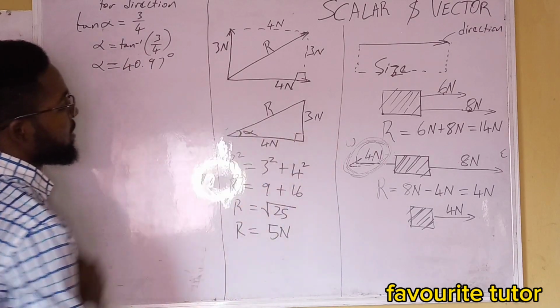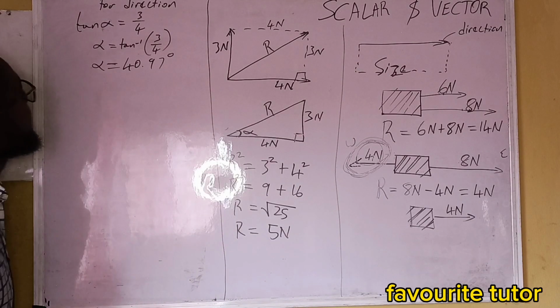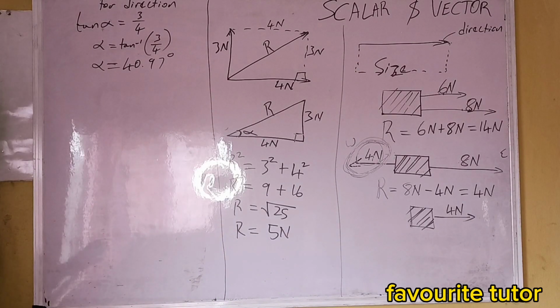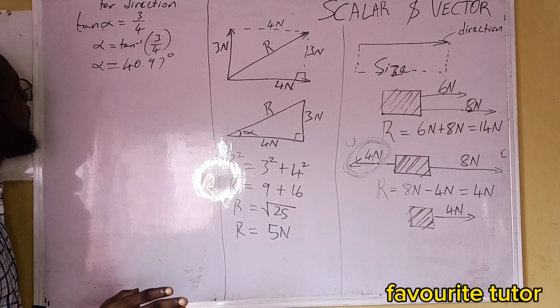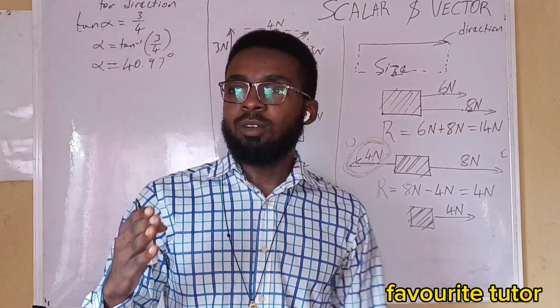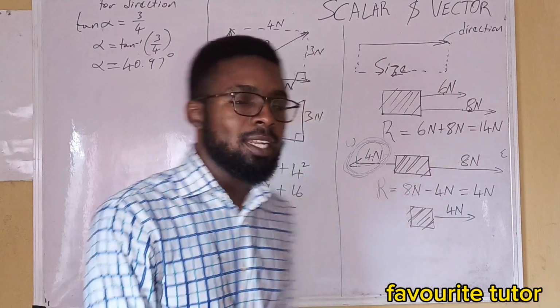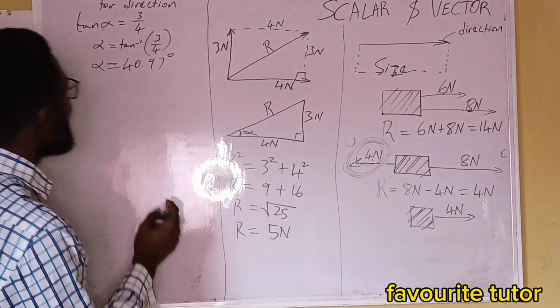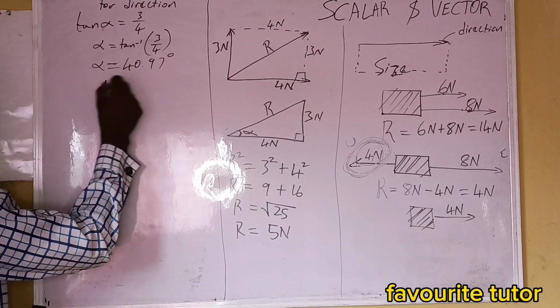Okay. The next one we need to look at is when two vectors are acting at an angle that is acute or obtuse.